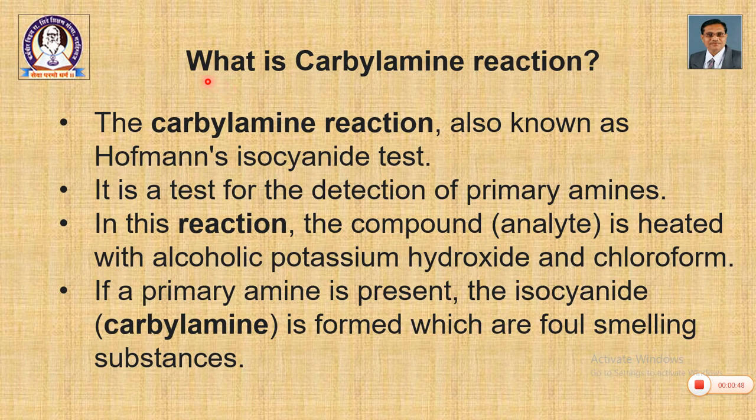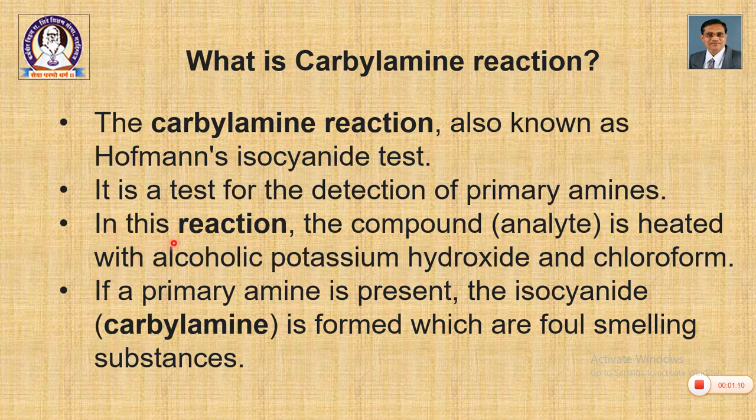The basic question is, what is the carbylamine reaction? The carbylamine reaction is also known as Hofmann's isocyanide test. It is the second name. What is the purpose? It is the test for the detection of primary amines. So, the carbylamine reaction is for primary amines.